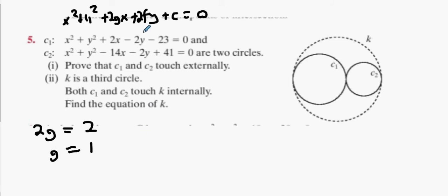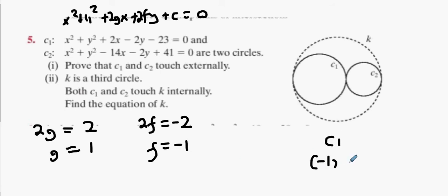And next thing is, what's the f value? 2f equals minus 1. What's the centre of the circle for C1? Minus 1, 1. G is 1, f is minus 1. Alright.